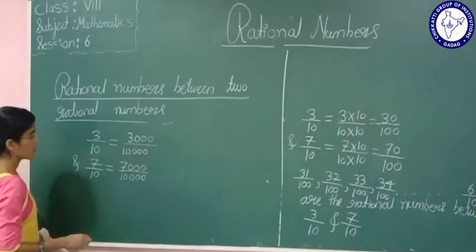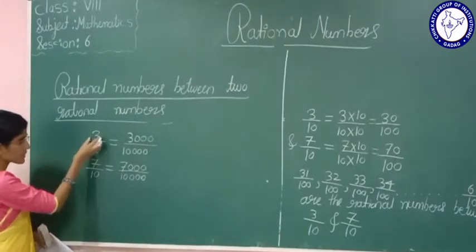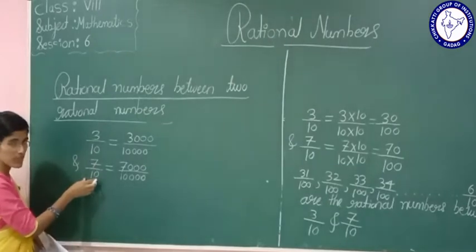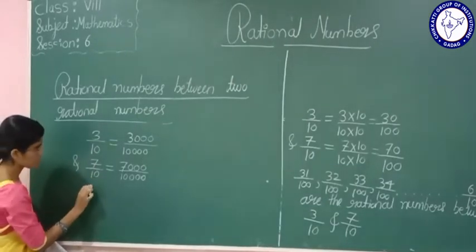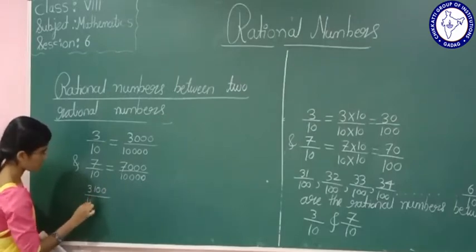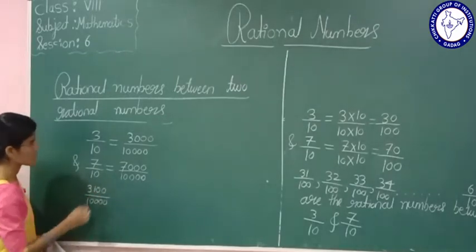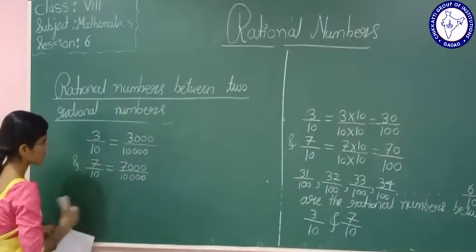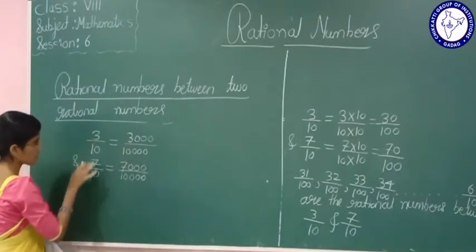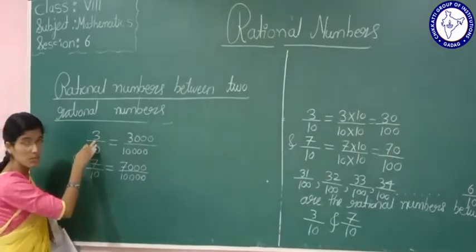Now see here, between these two rational numbers we have 3,100 by 10,000. Between these two rational numbers we have infinite number of rational numbers.